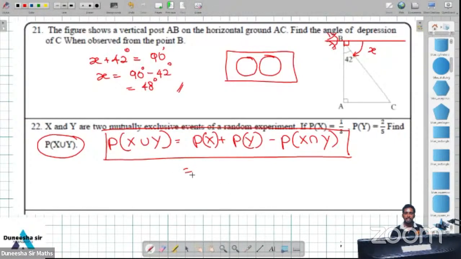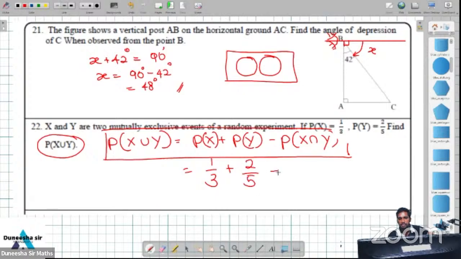How much is P of X? P of X is 1 over 3. Then P of Y is 2 over 5.